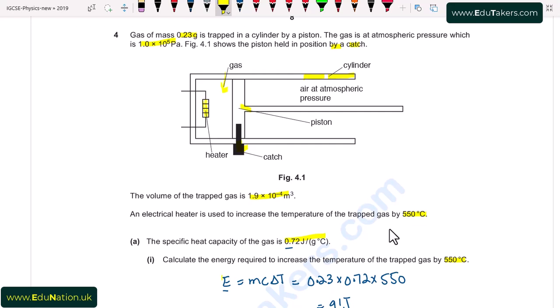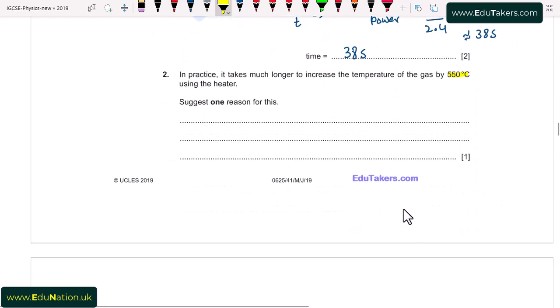So here is the piston. The energy that we supply is used to increase the temperature of this piston and also the cylinder. That's why it takes time to heat up. I write here thermal energy is used, that is heat energy, to increase the temperature.